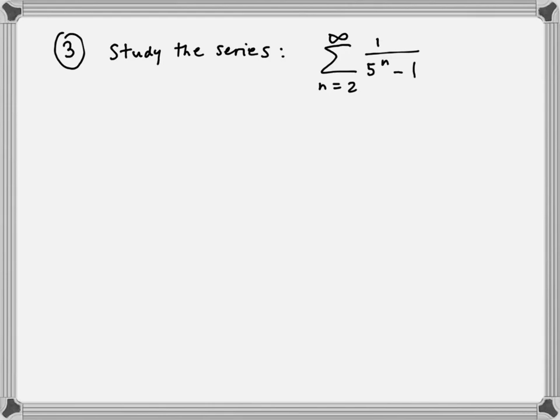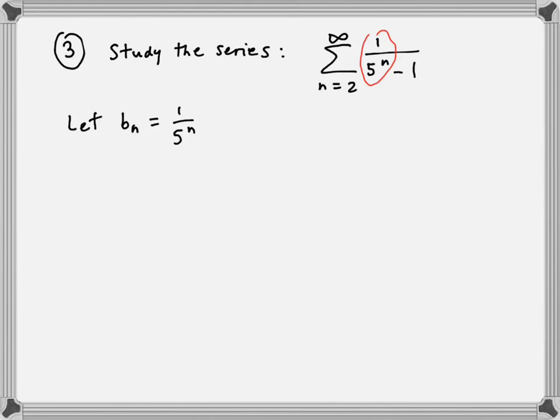Okay, so a natural thing to do here would be to consider that our b_n. So let's let b_n equal 1 over 5 to the n. Let's go ahead and compare these two.